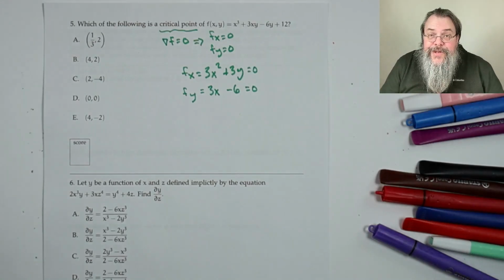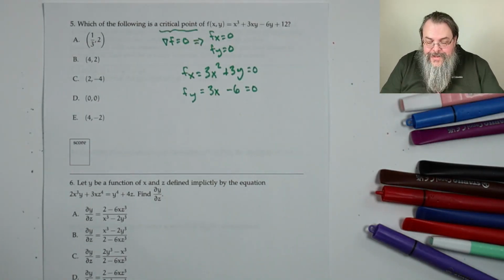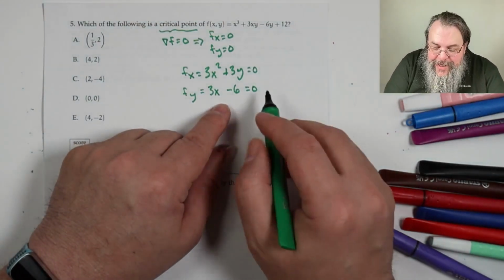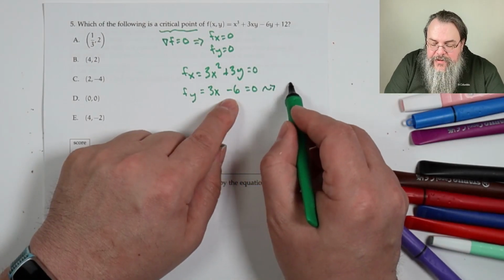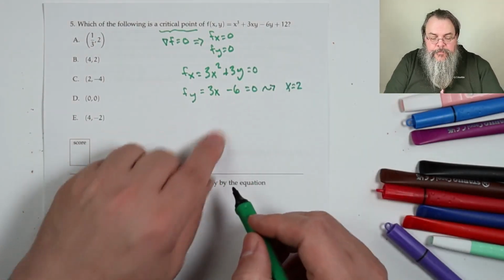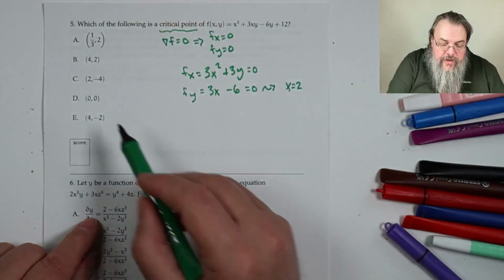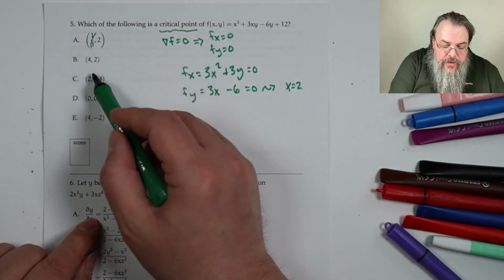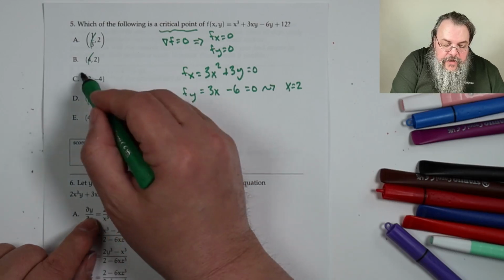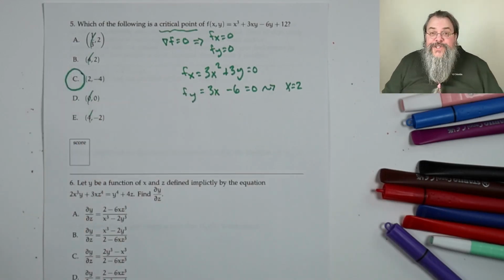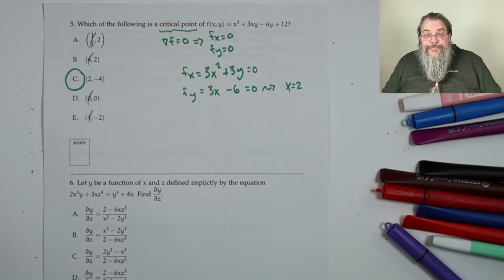Now we have 2 equations, 2 unknowns. But the second equation, I think we can solve that one. 3x minus 6 equals 0 tells us x equals 2. Which one of these has x equals 2? Not this one, not this one, not D, not E. So by process of elimination, we know the answer is C.